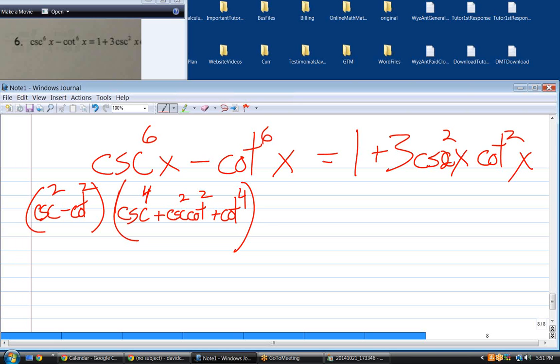Now, how in the world are we going to get what's on the right side from this? Cosecant and cotangent. What is cosecant squared minus cotangent squared equal to? 1. How does that help?